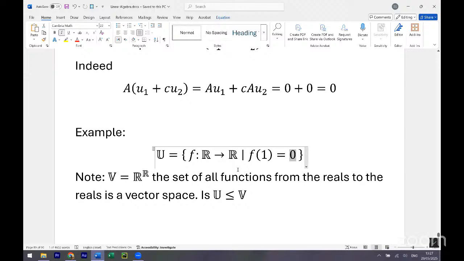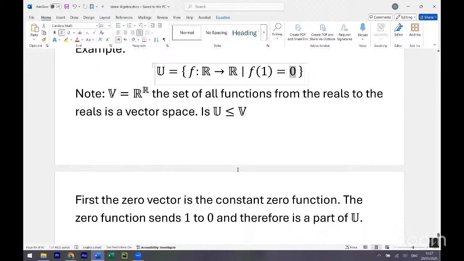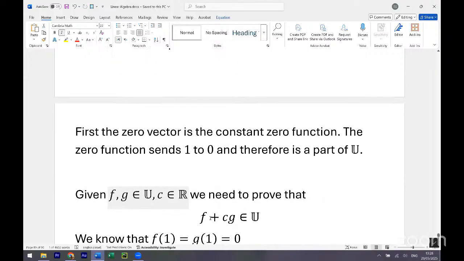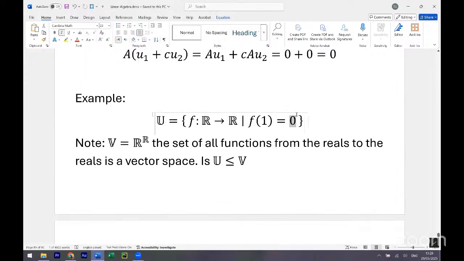If it was f of 1 equals 2, then it wasn't a subspace. From the very start, the 0 function was not there, and it also wasn't closed under addition and multiplication by scalar. So it's so simple because it's true, and because it is equal to 0, but with any other number it wasn't true and wasn't simple.